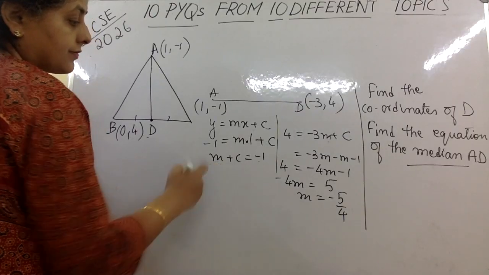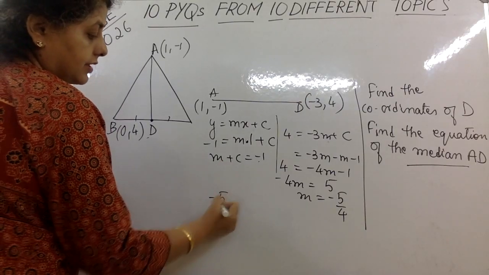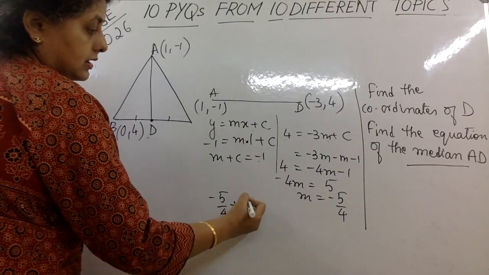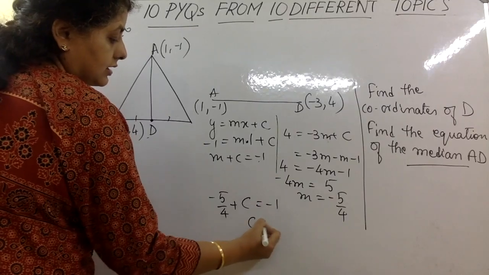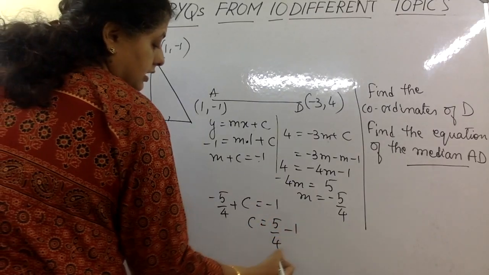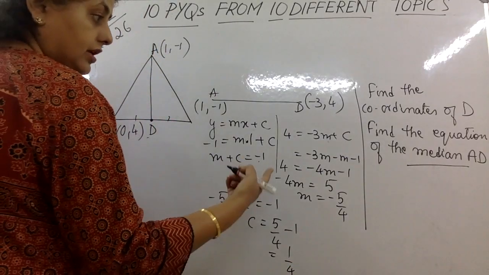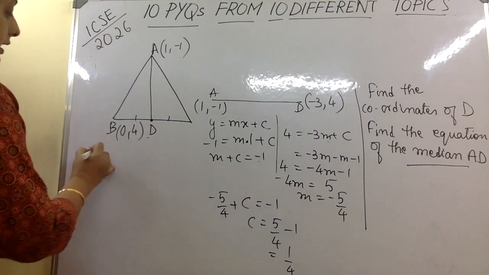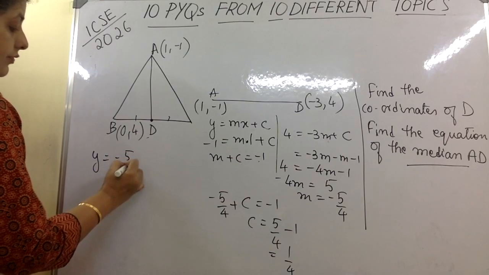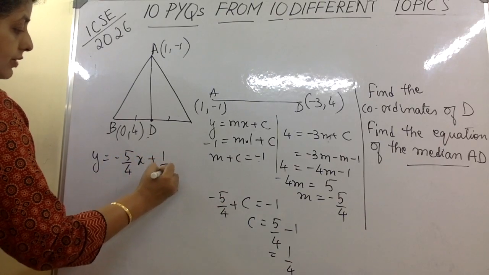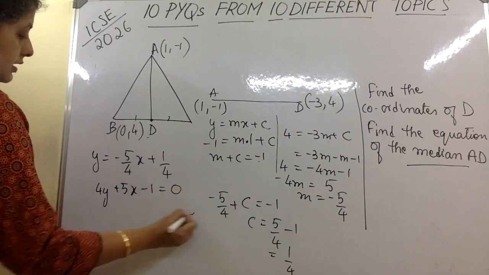Substituting it here, minus 5 by 4 plus c is equal to minus 1, so c is equal to 5 by 4 minus 1, which is 1 by 4. So we got c and we got m, and y is equal to minus 5 by 4 x plus 1 by 4, which is 4y plus 5x minus 1 is equal to 0.